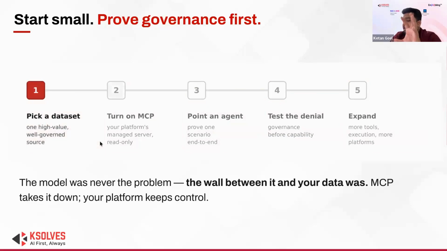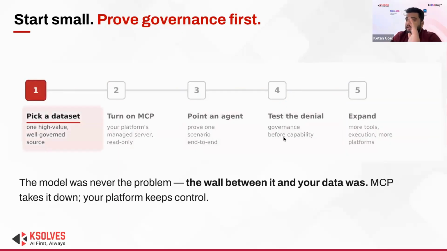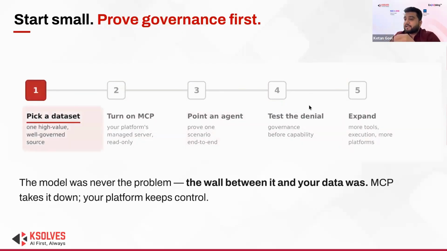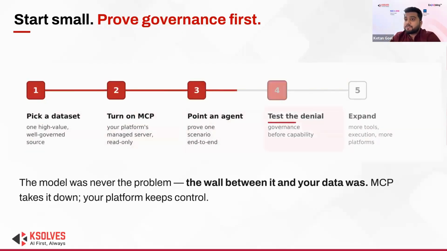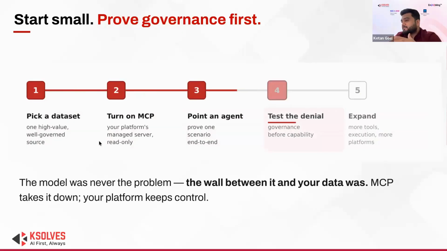That is the only first step you should take. If everything goes well, test the denials before going to production. Once that is also tested, you can expand your system. After that, you can add more agents, more tools, more platforms. So start small and gradually increase.